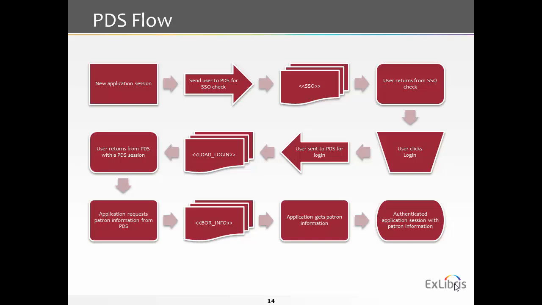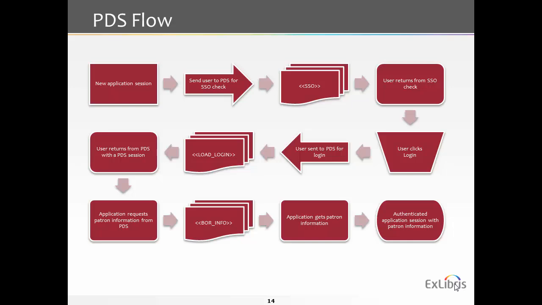So the workflow with external systems is very similar to what we've seen before. First, we have the SSO, and then in the SSO, PDS can also check with an external system if the user ever signed into an external system. And if they did, PDS creates a cookie and sends back to the application as a logged in user.